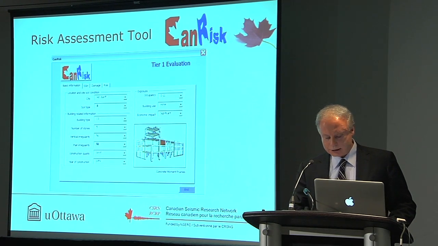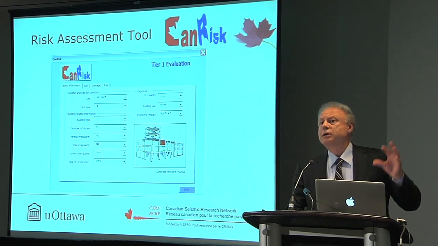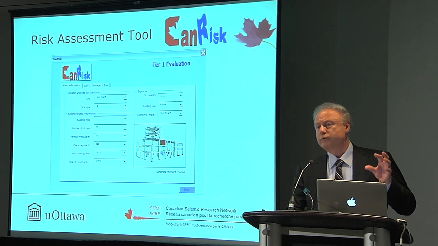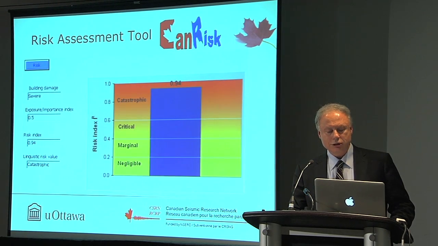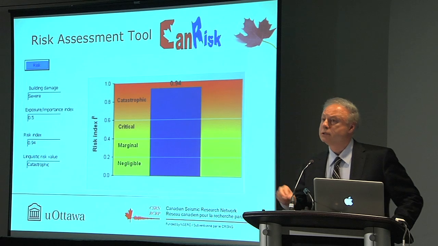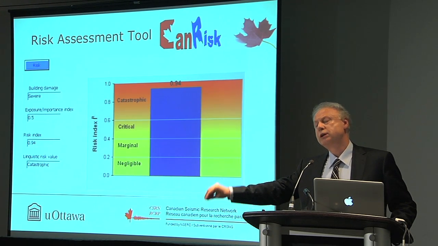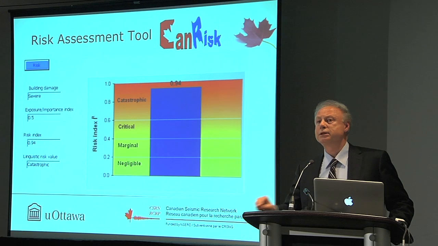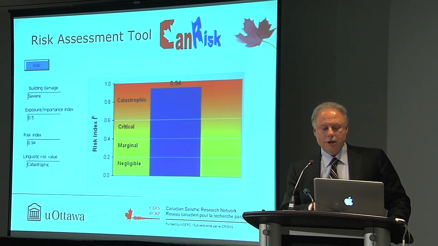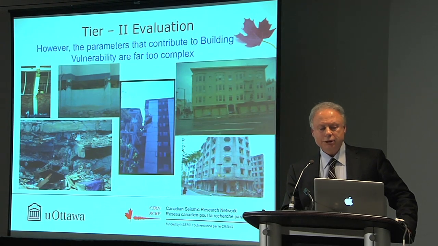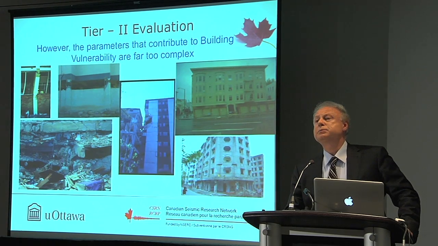But as it stands now, it reflects weighted contributions of the parameters that I mentioned, and it eventually tells you this specific building in Ottawa, located on this soil, subjected to the seismicity defined in MBCC, would have marginal or critical or catastrophic risk.